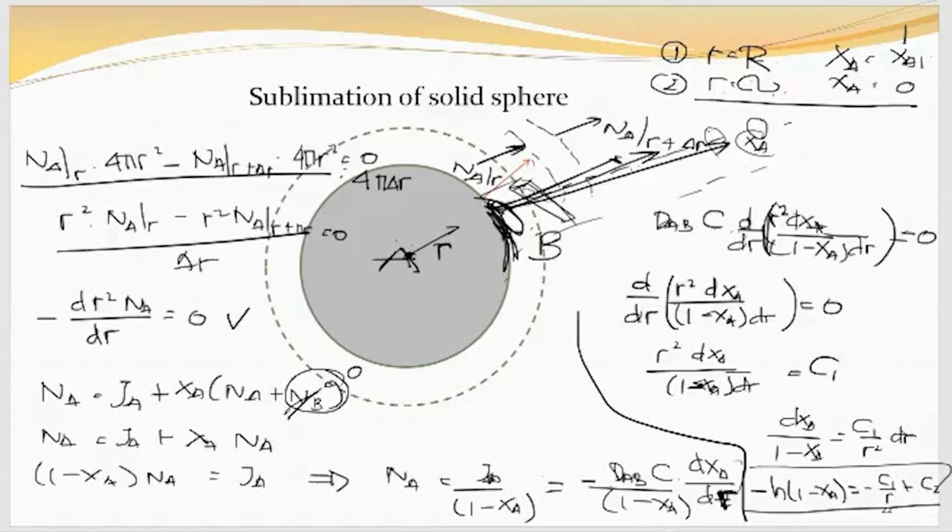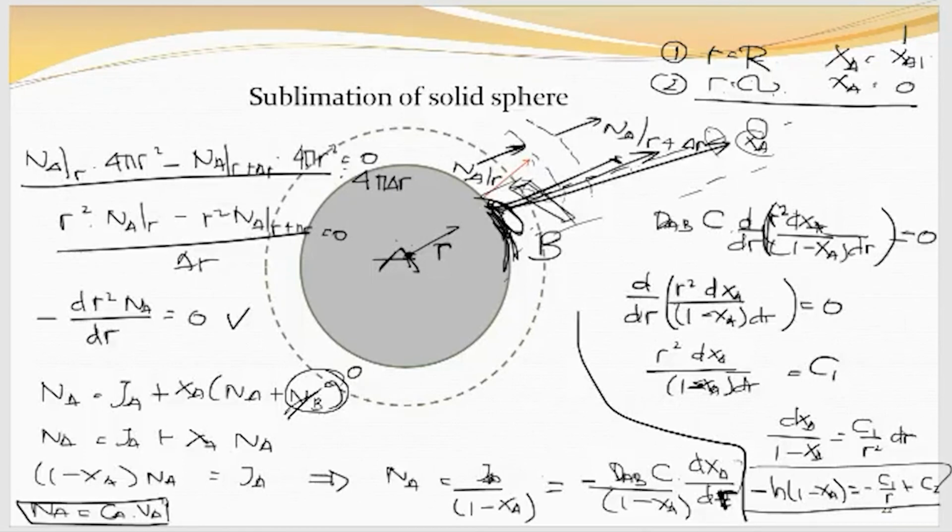All right. Thank you, ma'am. Another question? Ma'am, can I ask? So we should use the correlation, the combined flux NA equals CA times VA, only if there's mixture movement? Yes. So this correlation, NA equal to CA times VA, will only be used when we have mixture movement, when we have a convective flow.